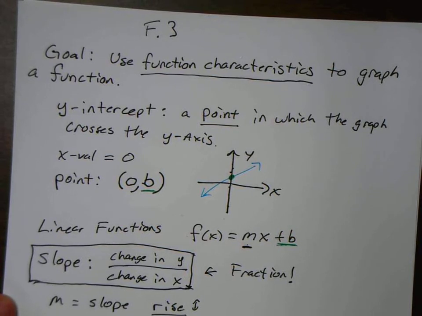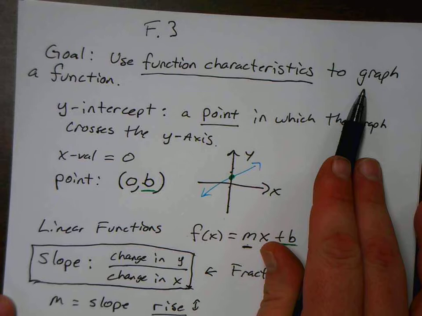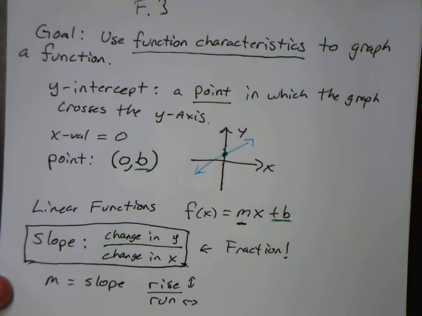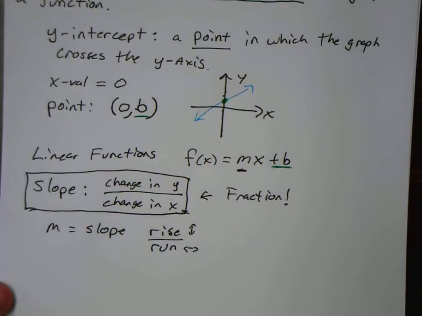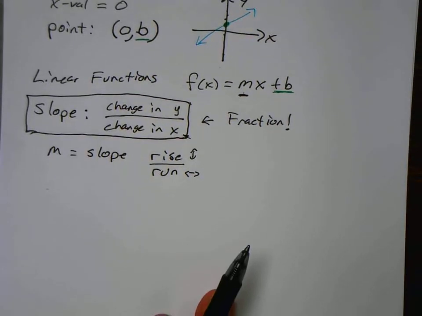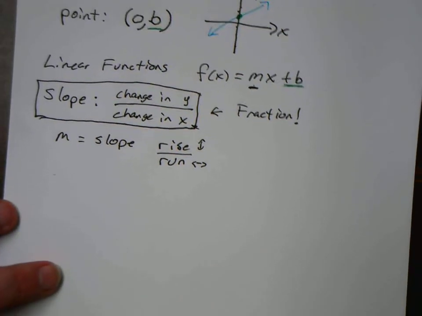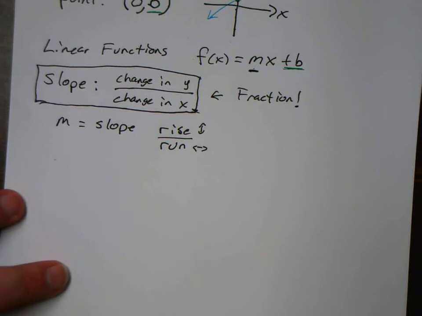Now, since our goal today is to graph, I'm going to give you a little jingle that I was given when I was learning how to graph these, and it really helps me out.